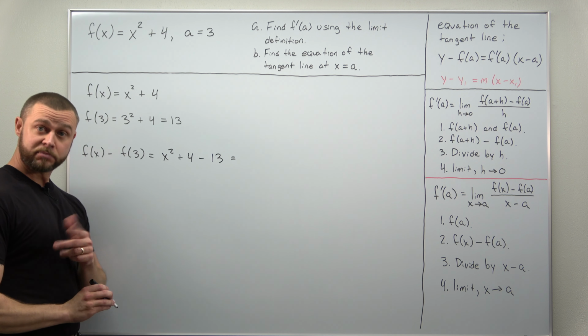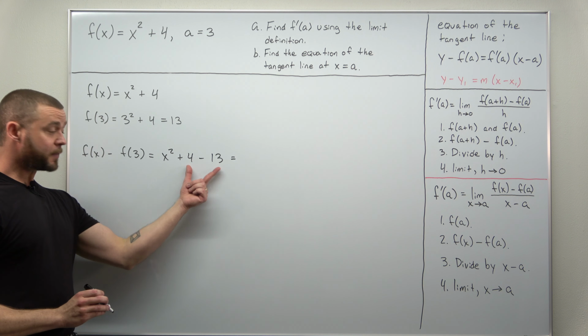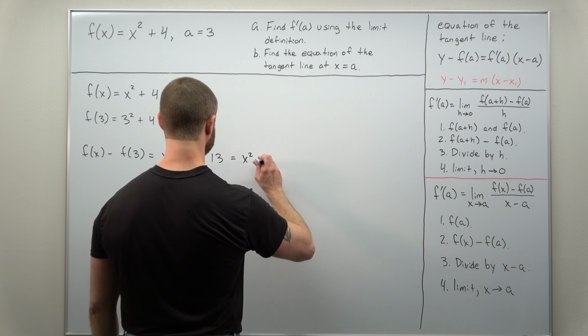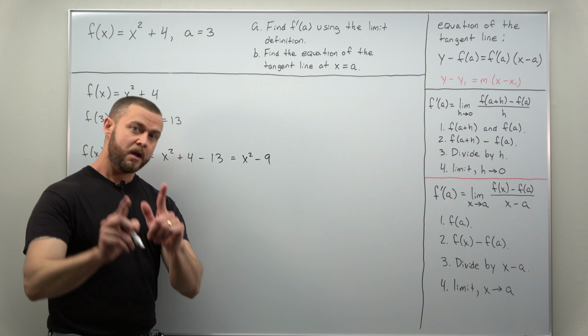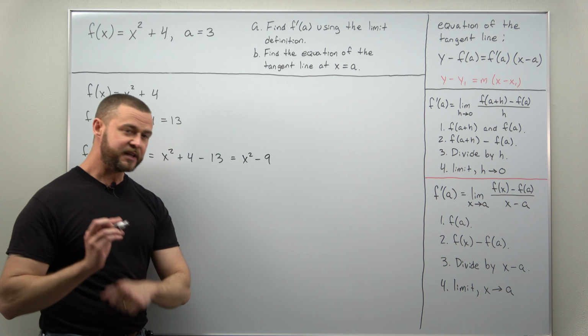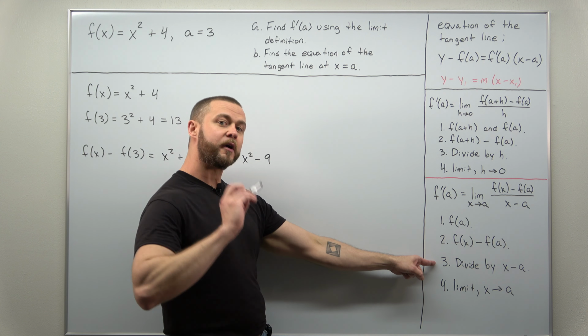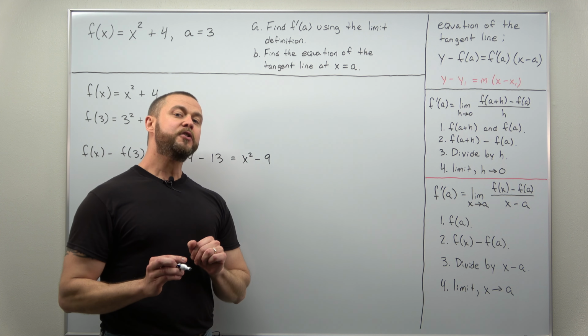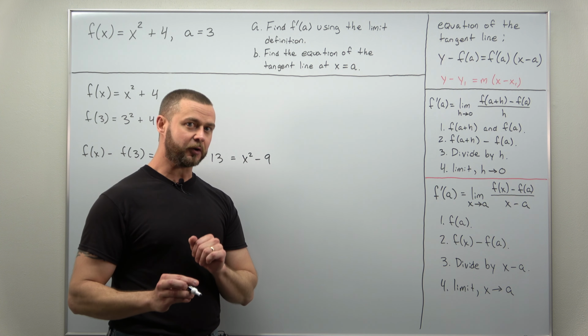All right, and we can simplify that. 4 minus 13, that's negative 9. And again, the work here is going to be factoring this, because again, step 3, we're going to be dividing by x minus 3. The indeterminate form should cancel.